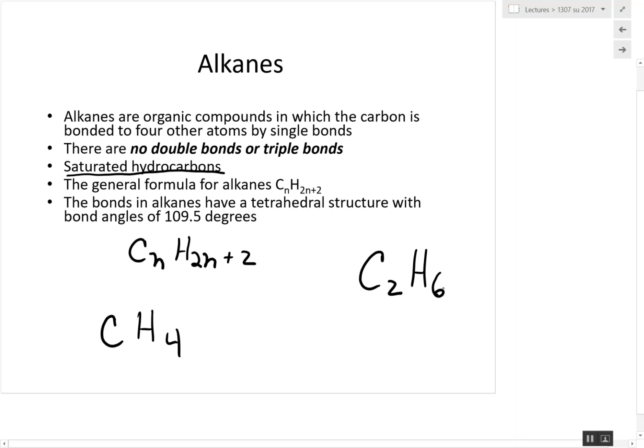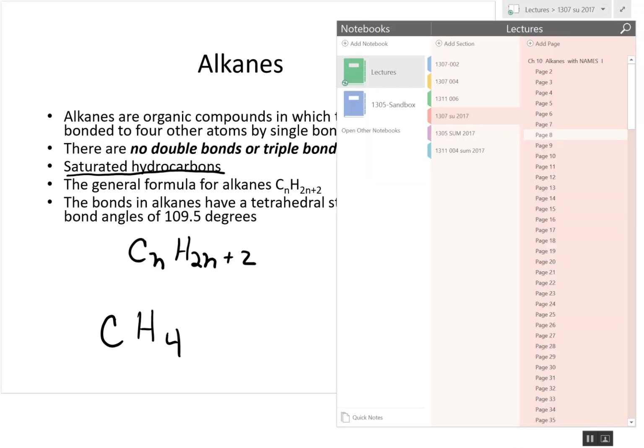And that's what that ethane was, C2H6. So that's where we're getting this. 3 times 2 is 6, plus 2 is 8. That's propane. The bond angles in alkanes have a tetrahedral structure with bond angles of 109.5 degrees.